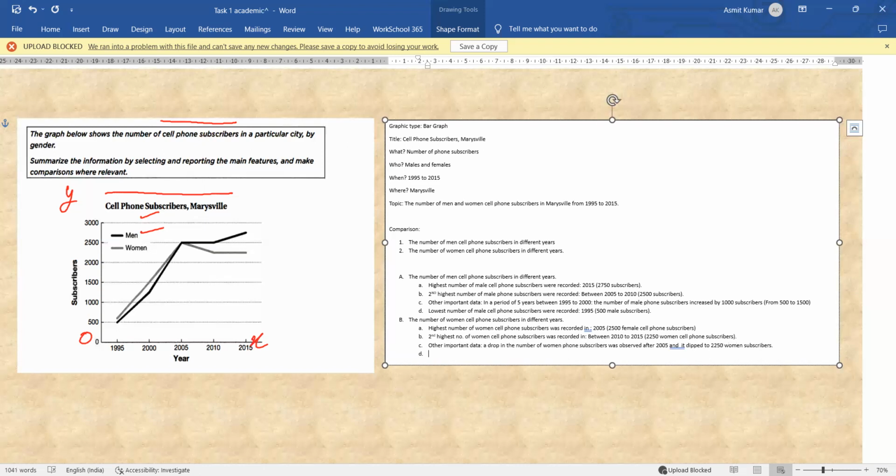Coming to the lowest number of women cell phone subscribers was recorded or observed in again the year, obviously 2005.